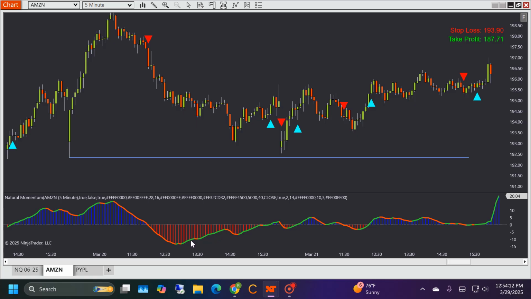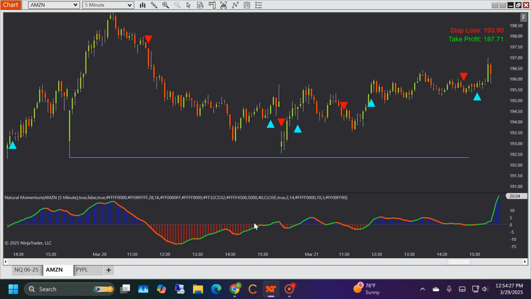We are getting long streaks of green, very short red right here, long streak of green, a little bit of red, and then finally this move up, correlating with here, crossing above the zero line.